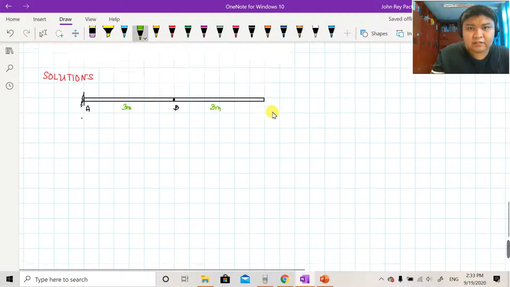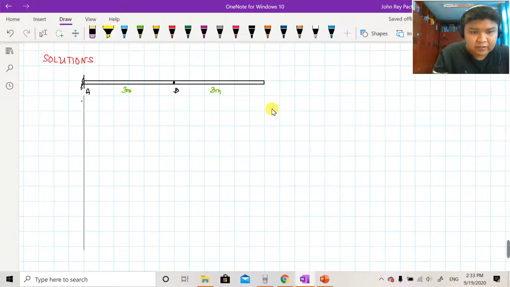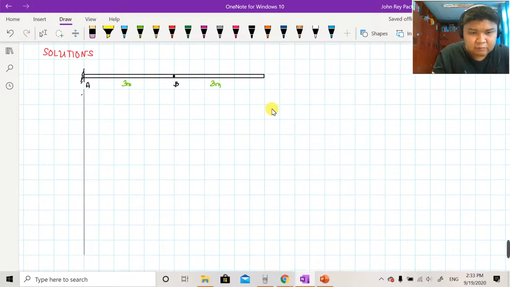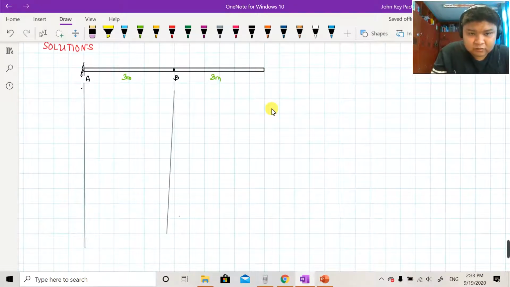Okay? So what we will sketch is the influence line for the vertical reaction at A, and then for the moment reaction at A. Let's focus on those for now, class.